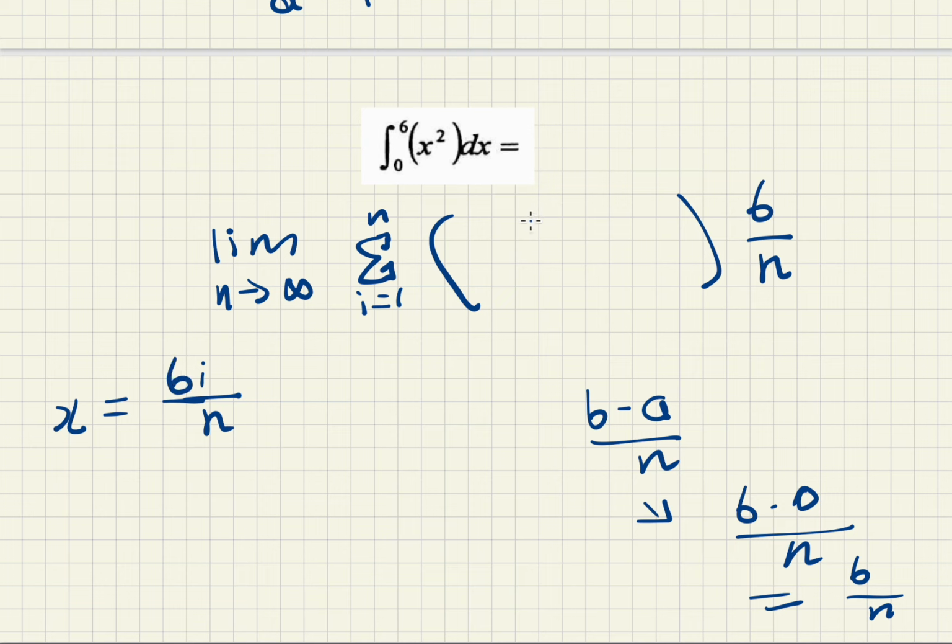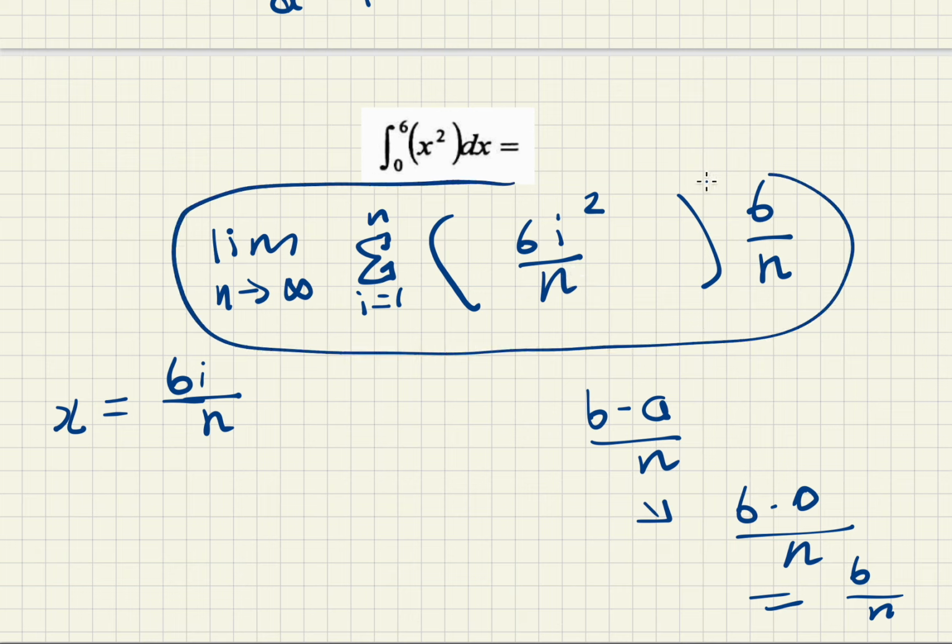So for this, we can directly write 6i over n, and we don't need to put brackets around it because there is no a value. There is no constant like 1 or 6 plus this, so we don't need to put a bracket. It's just the i over n term. So this is our sigma notation.